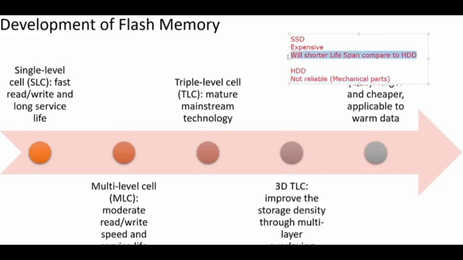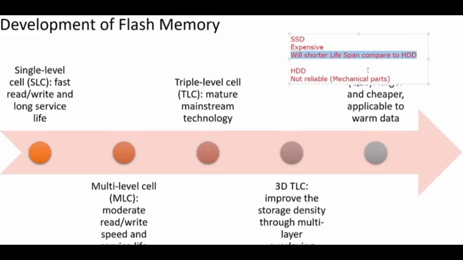With SSDs, even though you read and write, you have a lifeline, so you at least know when the disk is going to fail. You generally know, okay, my disk is going to fail in another 20 days. But with HDDs, you will never know when it fails. Does that make sense, sir? Cool.